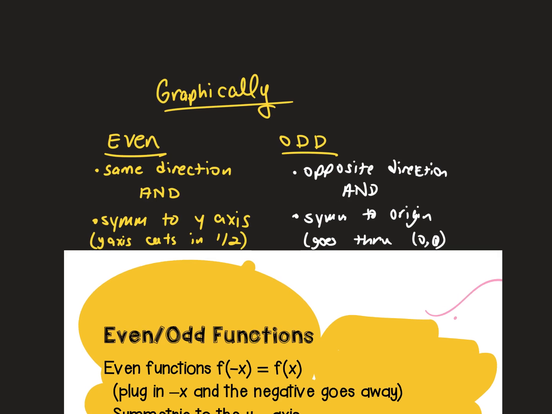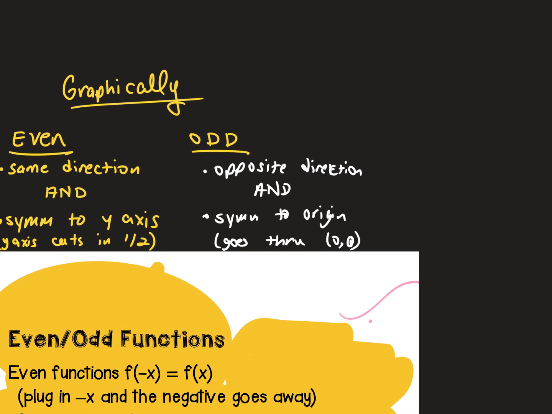All right, so graphically, if you have a picture and it says, is this function odd, even, or neither? I'll draw some pictures. So here's my X and Y axis. I'll do a picture in green. Pretend that's the best, most perfectly drawn thing you've ever seen. We'll do one in yellow.